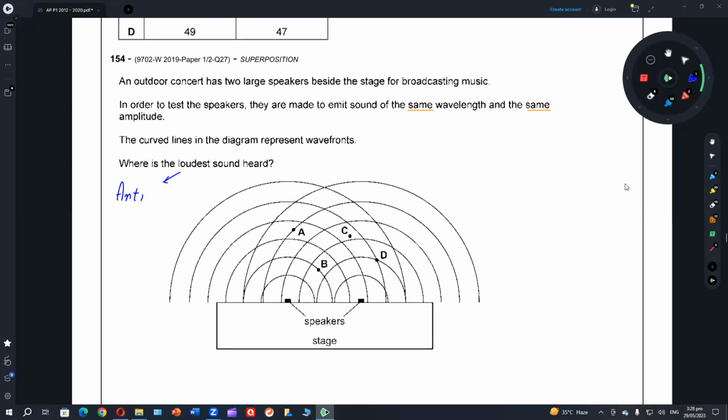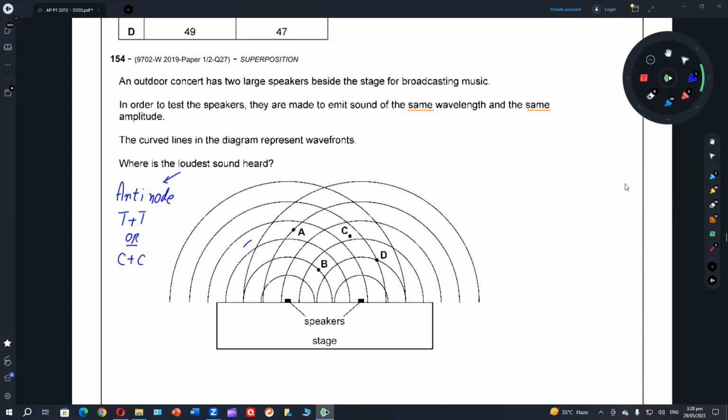Loudest means, again remember that they have not shown dotted lines.